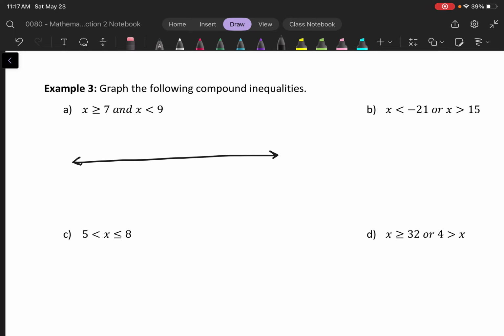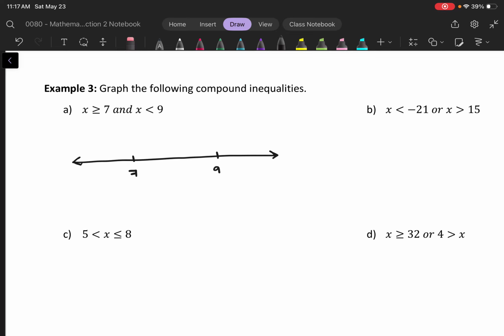When we draw this number line, we need to have the 2 endpoints on there, and they have to be in order. So like 7 and 9 are my 2 endpoints. I could see that in my question. I have to put 7 on the left, and I have to put 9 on the right. Because in a number line, the smallest numbers are on the left, and the biggest numbers are on the right. So I need to maintain that order.